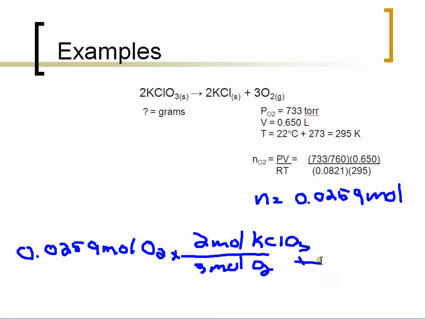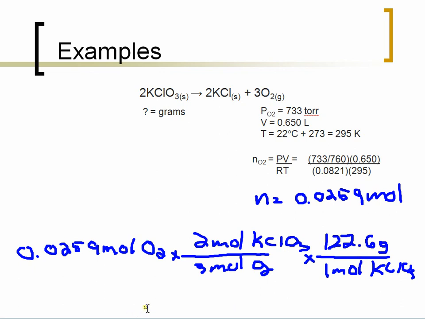And I have to convert that to grams. For every 1 mole we get 122.6 grams of KClO3.